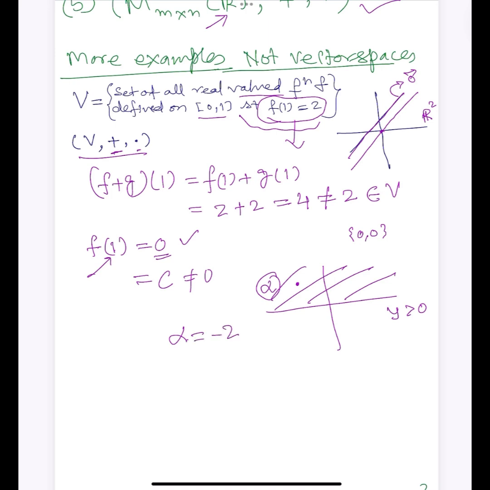If I say -2, and multiply, this point becomes here, in this direction, which is no longer in the space at all. So one more point I will emphasize: if any condition like greater than 0, less than 0, greater than 1, or less than 1 is there under usual addition and scalar multiplication, then this is not going to be a vector space.